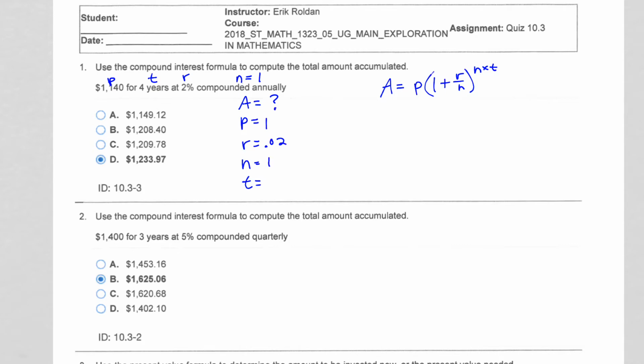N is 1, time is 4. 4 years. Okay, so let's just plug everything in. Whoops. That is not right. Sorry. So annually is 1, sorry. 1 times 4. Okay.